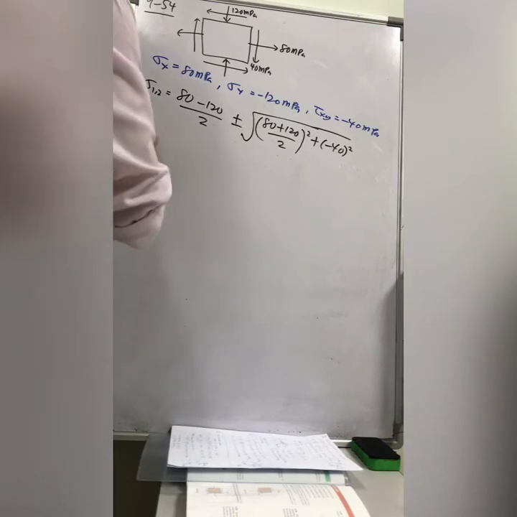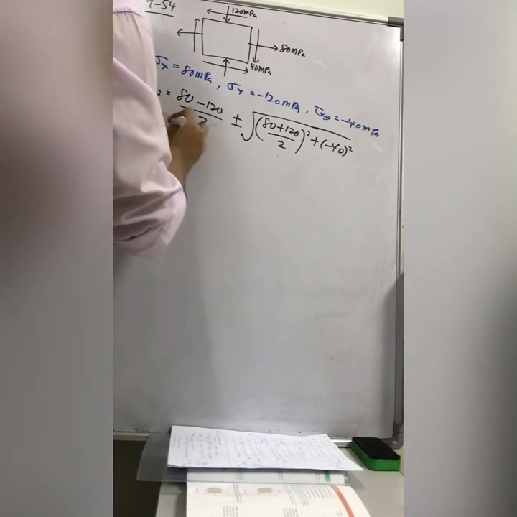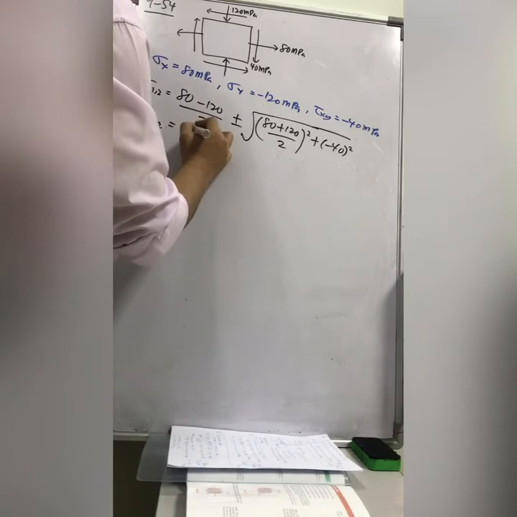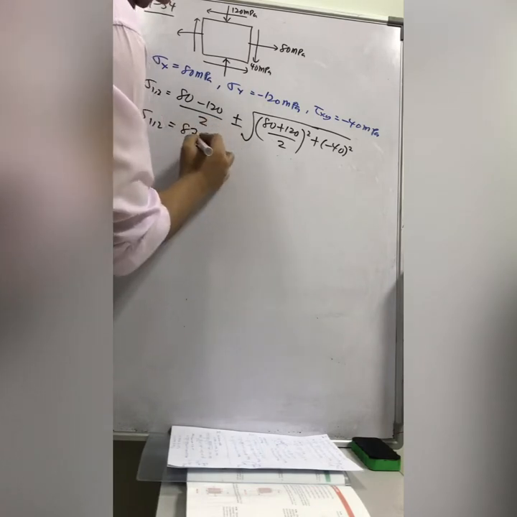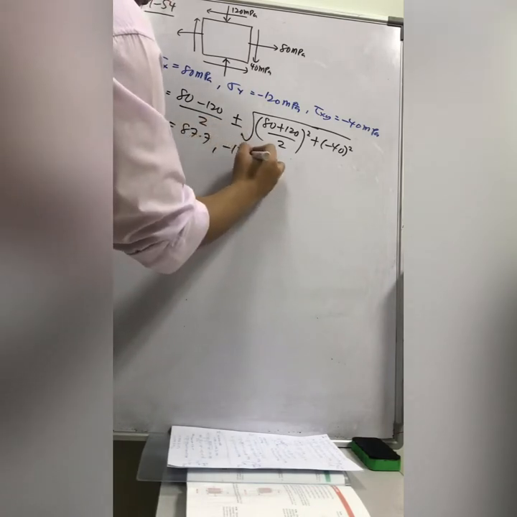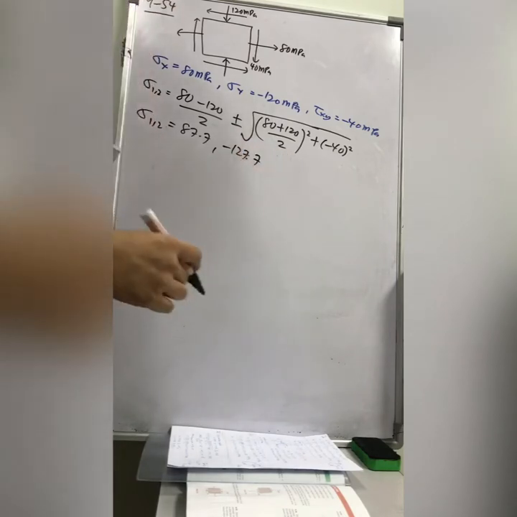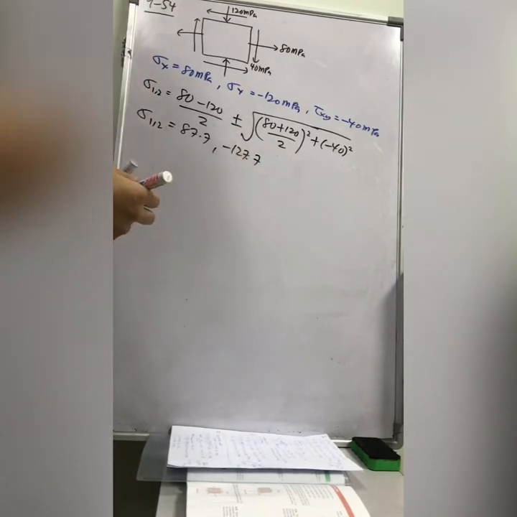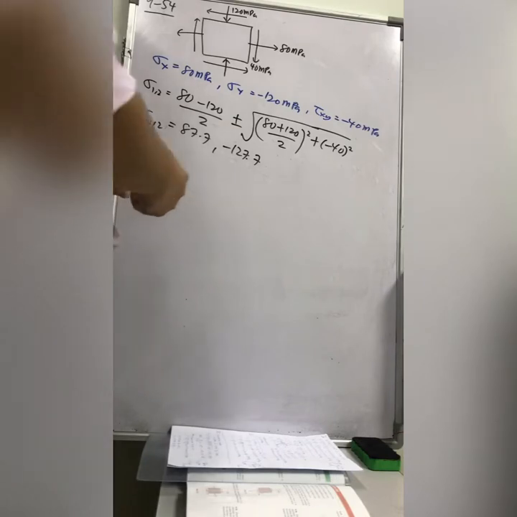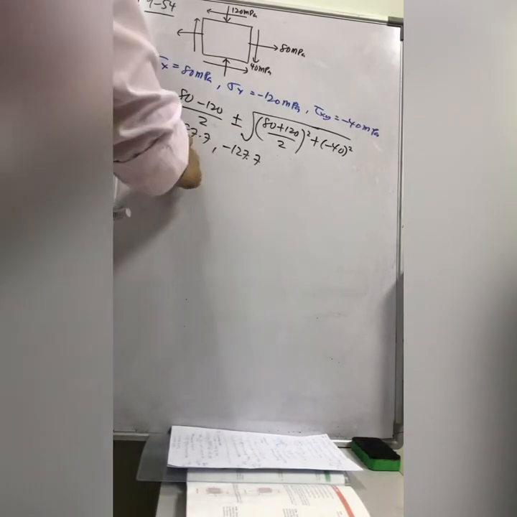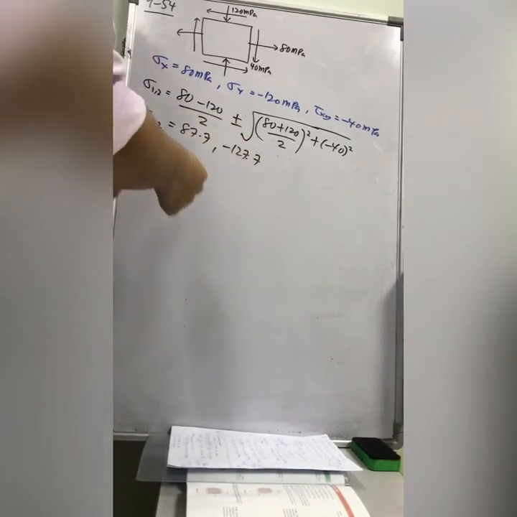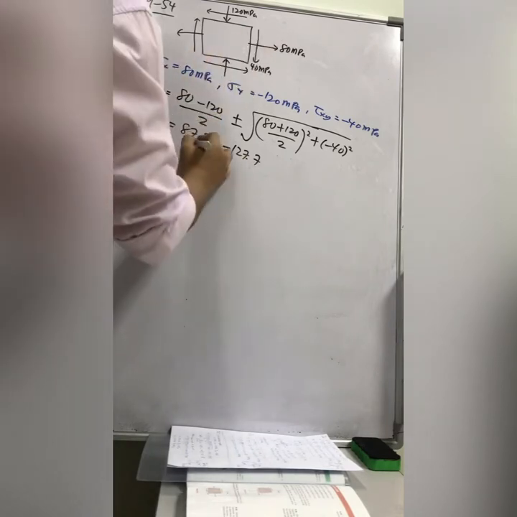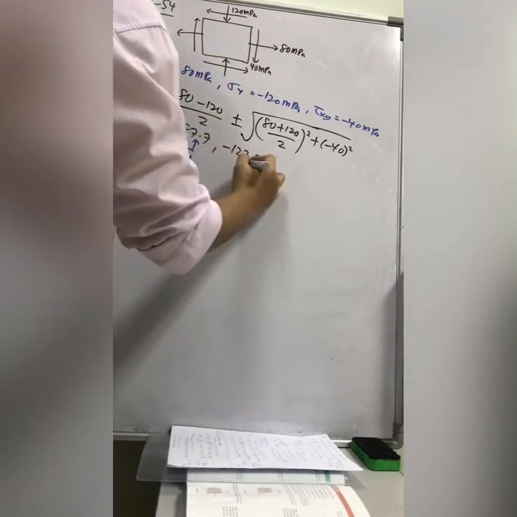You solve this and you will get sigma 1 and sigma 2 as 87.7 and minus 157.7. In this case, do you know which one is sigma 1 and which one is sigma 2? This is sigma 1, and this is sigma 2.